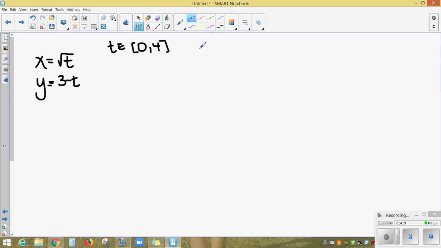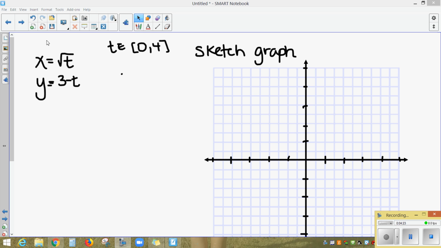And maybe the request is that I sketch a graph of the plane curve that goes along with that. I'm going to pause for a minute and find my axes. Okay, voila, axes.